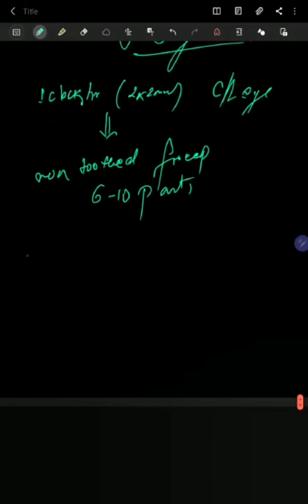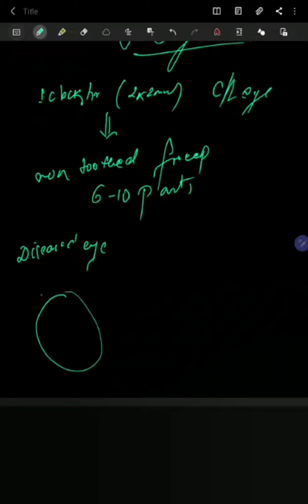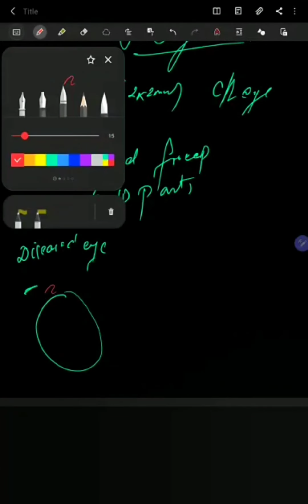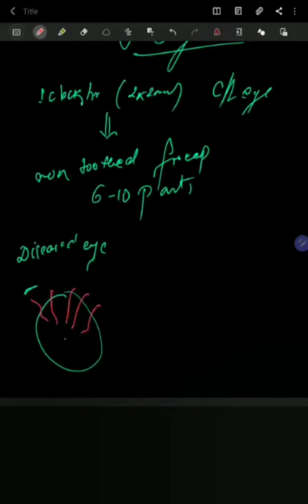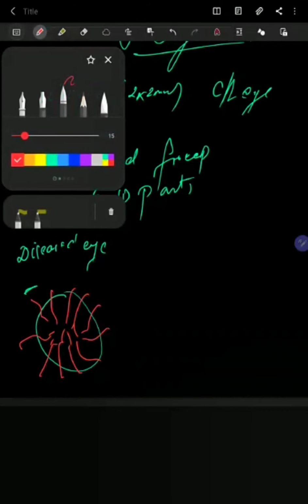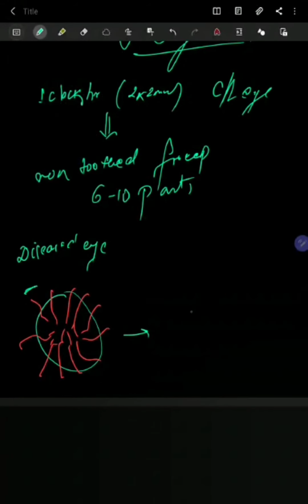Then, in the diseased eye, let's suppose there is a lot of pannus over this eye, due to chemical injury or ocular burn. So first, this pannus is to be removed.